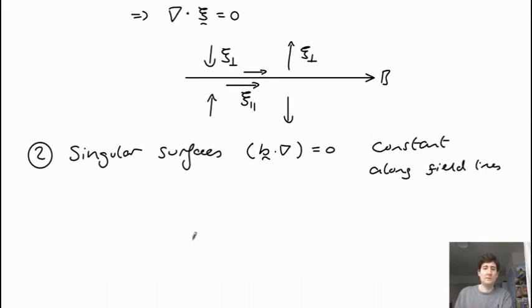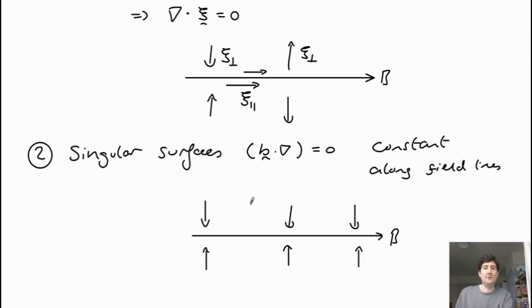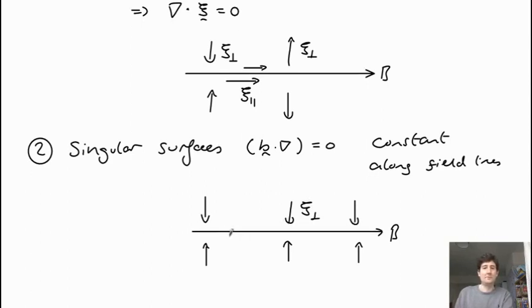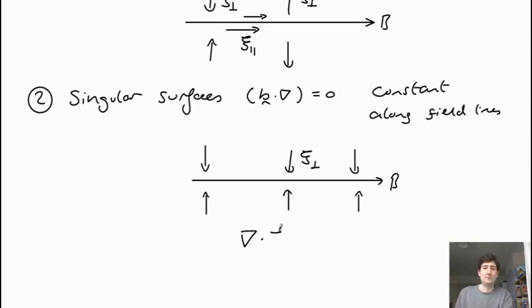So you can see if we draw the same picture, the magnetic field, and if now I have a case where the plasma is being compressed everywhere, there's no parallel flow I can put in here which will make the plasma incompressible, because wherever the plasma goes, it's being compressed in the perpendicular direction, and so in this case the plasma can't escape, and so it will be compressed. And so in this case you can have divergence of psi is not equal to 0, and the plasma is being compressed.